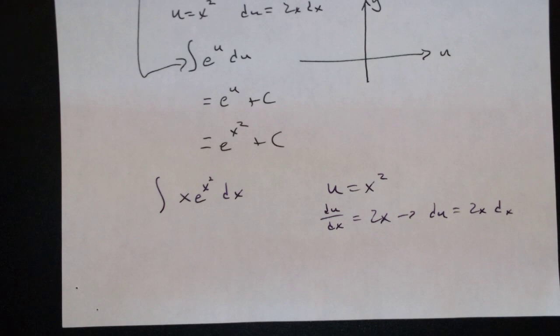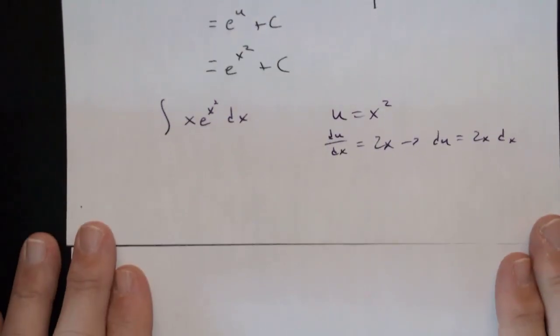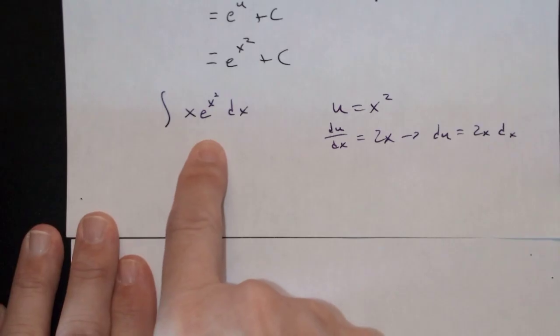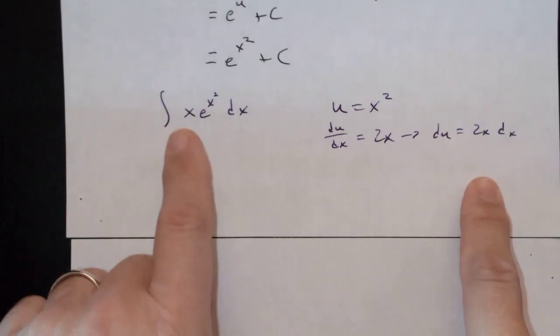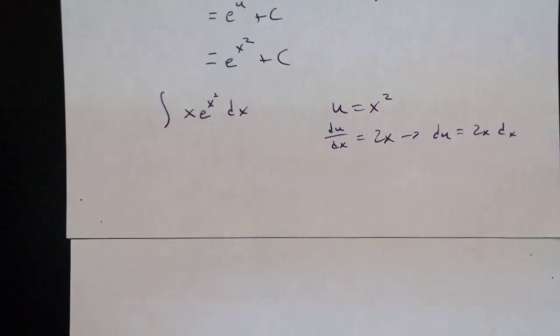Now you have two different options at this point. We can mess with this, or we can mess with this. I'm going to do it both ways. The first option is to mess with the integral over here.